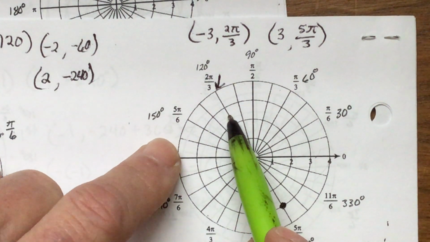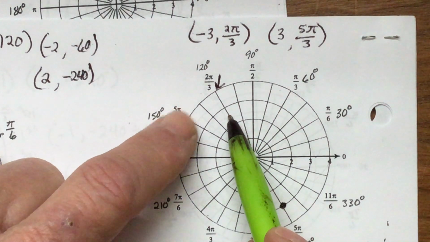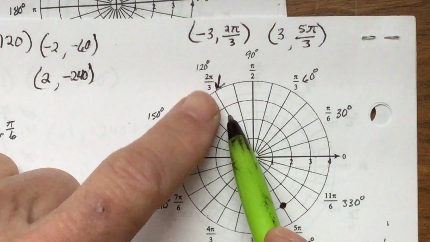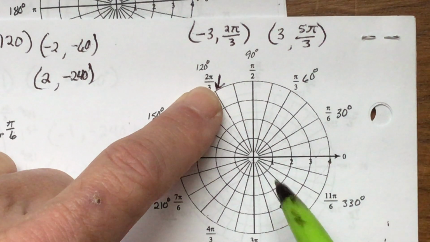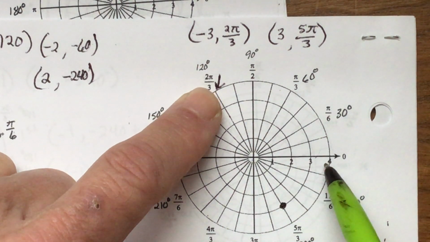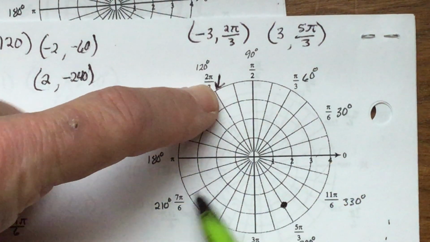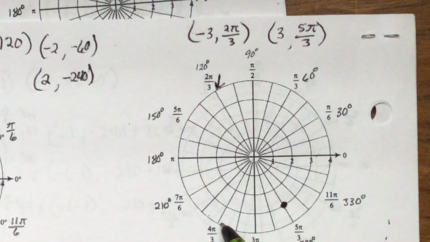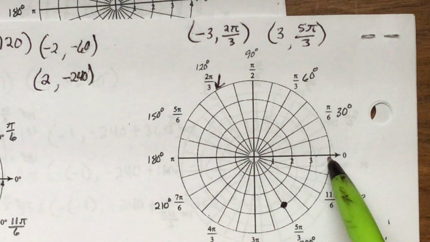Once again, each one of these are 15 degrees, so 1, 2, 3, 4. That means 60 degrees above 180. Or, let's see, 1, 2, 3. I have to stop and think now.